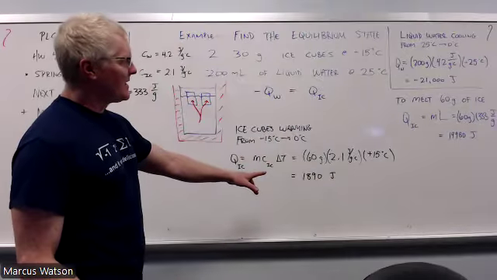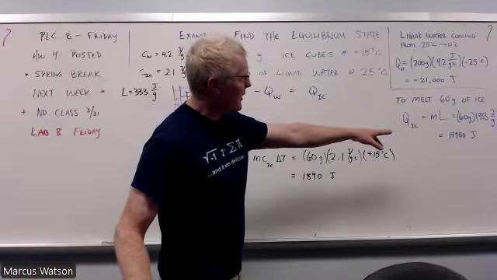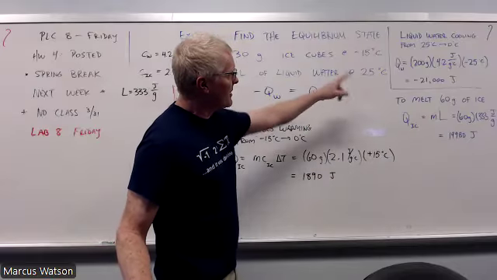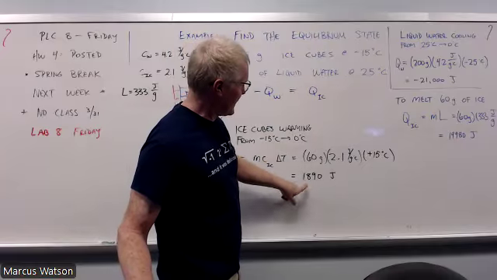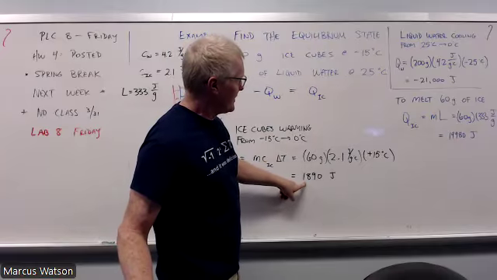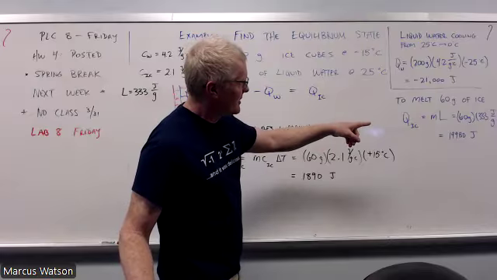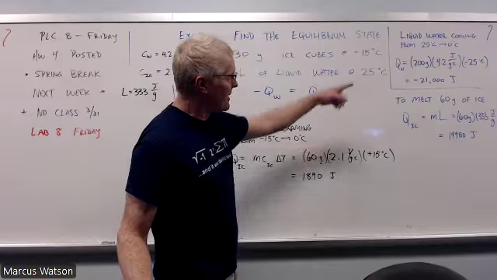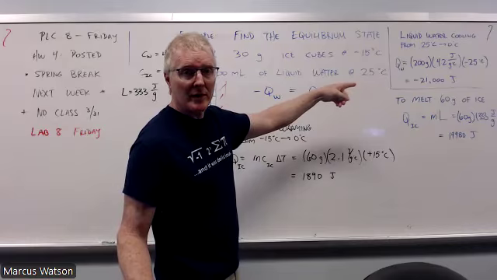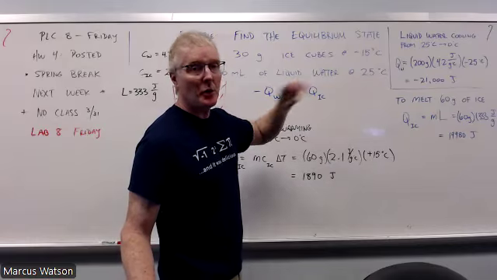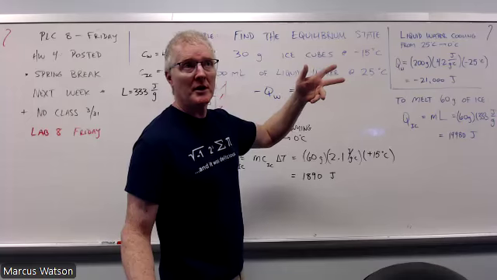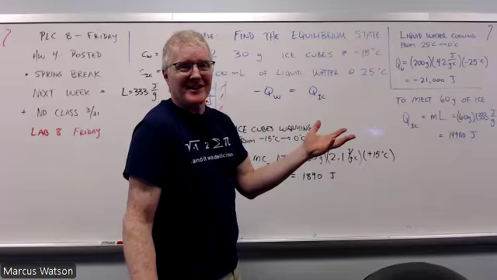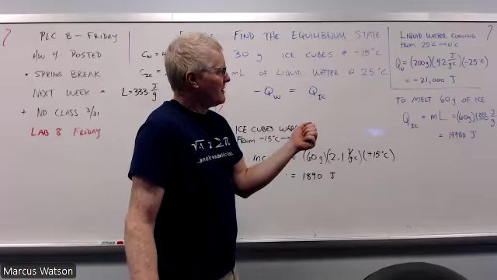But you can see that it's so close to 20,000, and this is close to 2,000, that I'm probably above that number right now if I add these two together. If I take that number, that's about 20,000, and I'm adding this, I'm above the 21,000 joules that the water can give up before nothing, right?